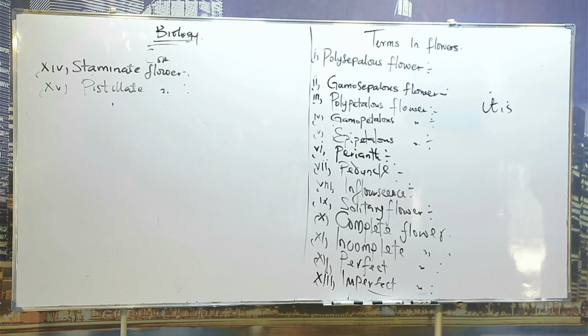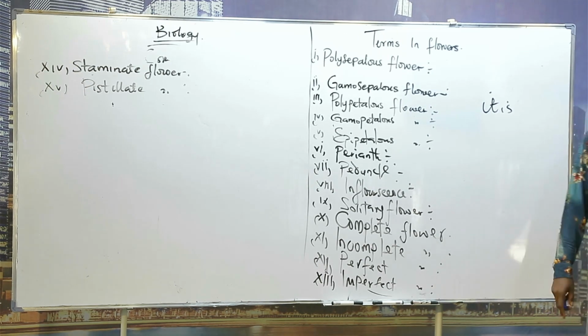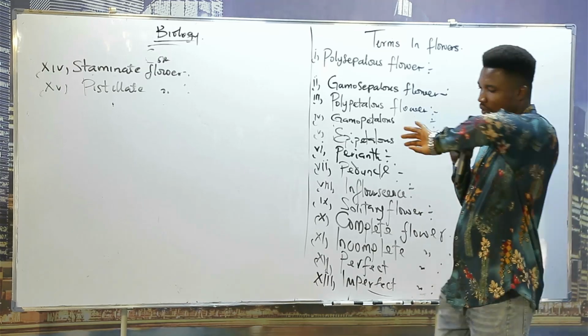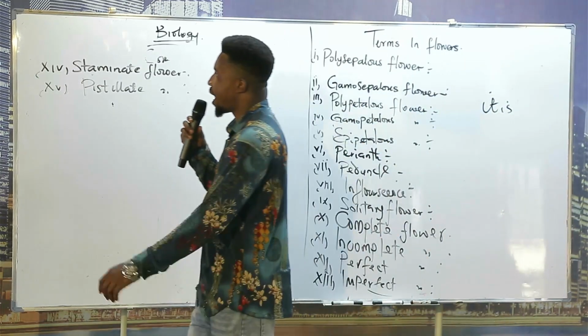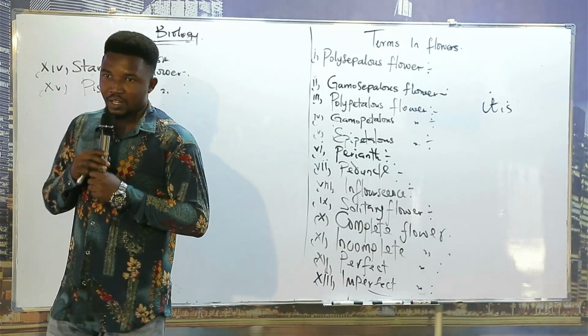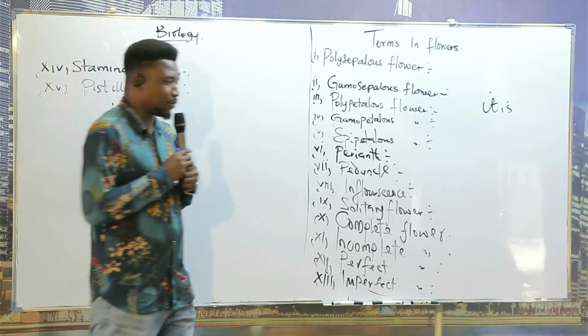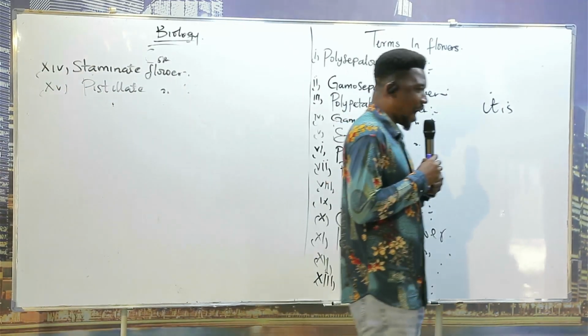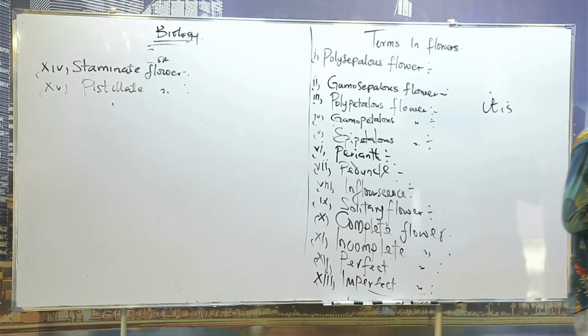So, we have that imperfect flower, right? It is a type of flower that has one of the essential parts.